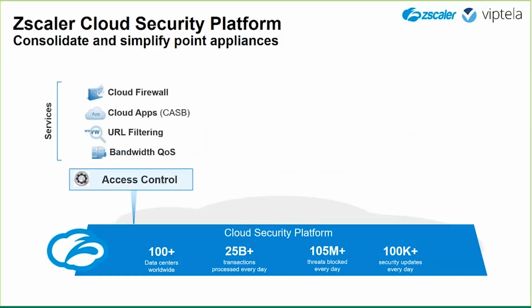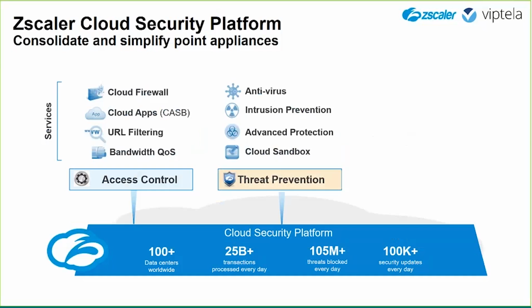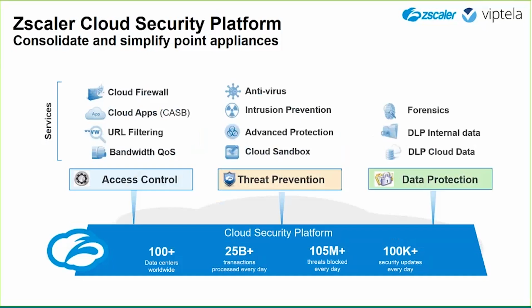On top of that platform, we layer a number of different services. Zscaler started out in 2008 with a secure web gateway that was URL filtering and antivirus. But over the years, in that same platform with the same architecture, we've added next generation outbound firewall, so you don't need to put a firewall out at the branch when you directly connect it.